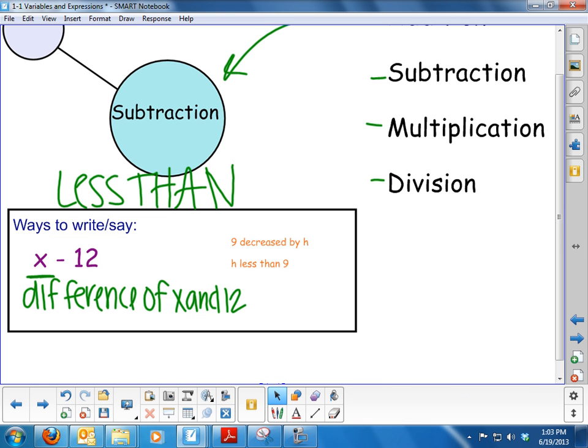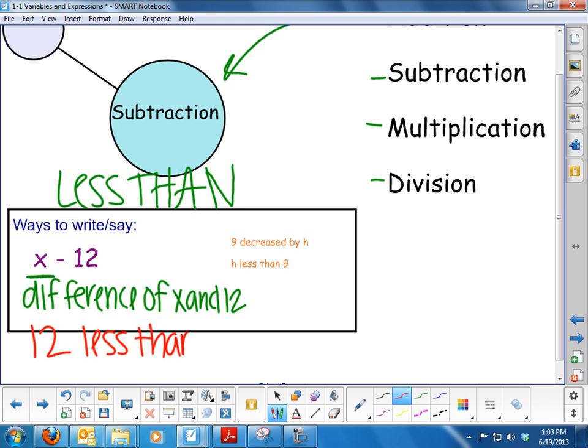So instead, I'm going to write 12 less than whatever I started with. I started with x. See how those two things are backwards in order? What came first here, I wrote after the words less than. What came after the subtraction sign got written before the words less than. That's the case anytime you see less than. You have to flip your order.